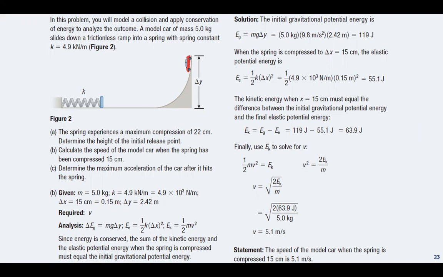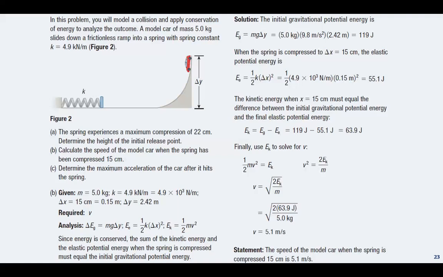When the spring is compressed to delta x equals 15 centimeters, then the elastic potential energy is given by E elastic equals 1/2 times k times delta x squared, right? So that is about 55.1 joules.